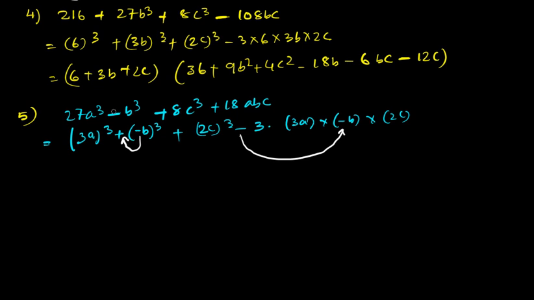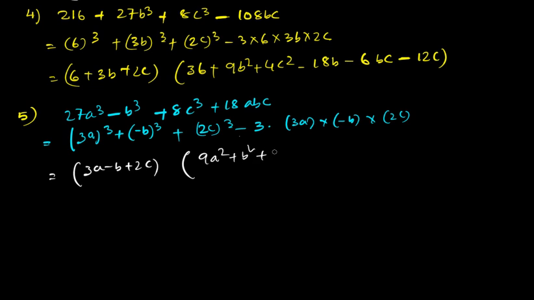So we are not changing the negative sign, but we are writing it in a modified way so that we can use the formula. So it will become (3a minus b plus 2c) times (9a square plus b square plus 4c square minus ab, so 3a into minus b, so 3ab, plus 2bc minus 6ac). That's the question number 5.